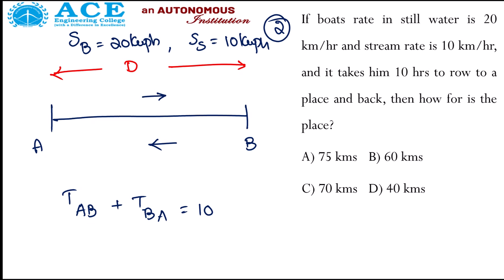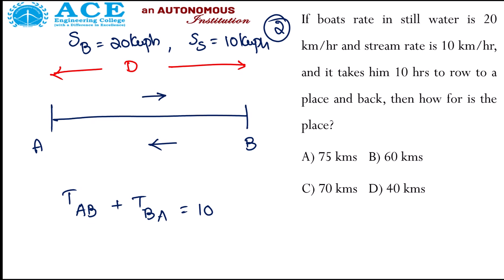Now, one point you should be aware of in this concept: when you move to a place and return back, and nothing is mentioned in the question, if you go downstream then the return should be upstream. Or if you go upstream, the return should be downstream.